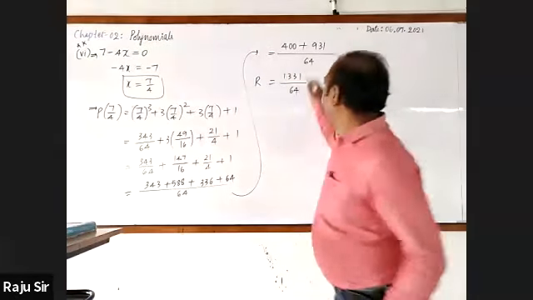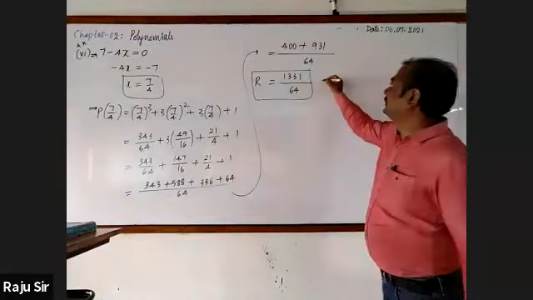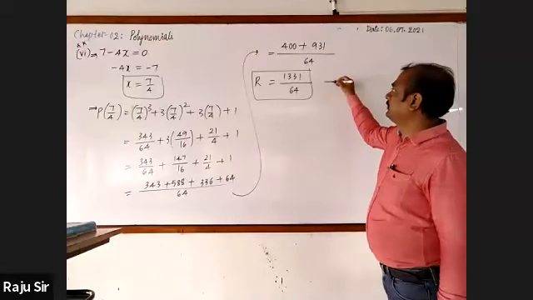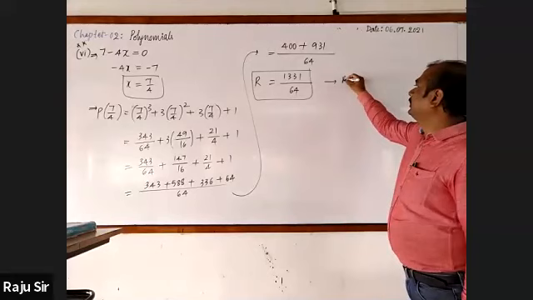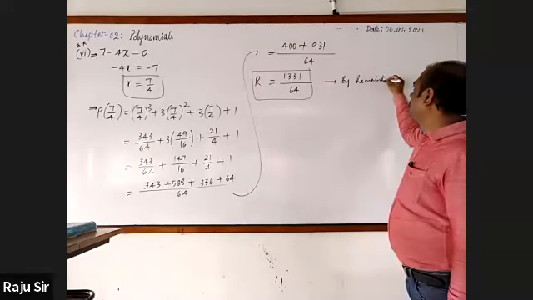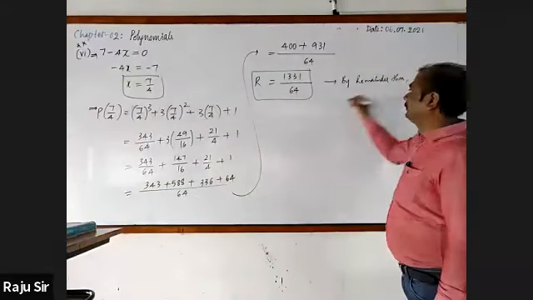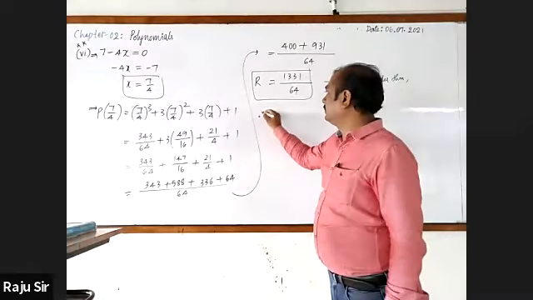R is equal to 1331 by 64, by the remainder theorem.